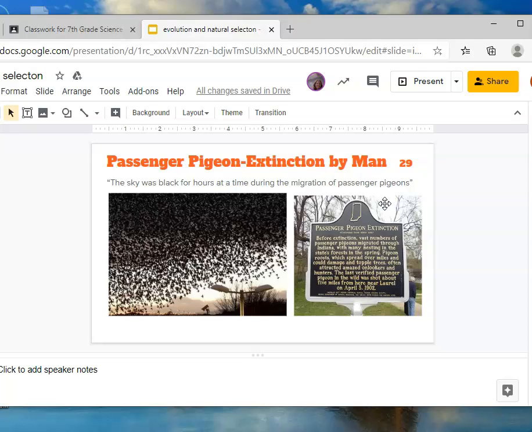Pigeon roosts, which spread over miles and could damage and topple trees, often attracted amazed onlookers and hunters. The last verified passenger pigeon in the wild was shot about 5 miles from where this plaque is, near Laurel, Indiana, on April 3rd, 1902. Those birds went extinct.